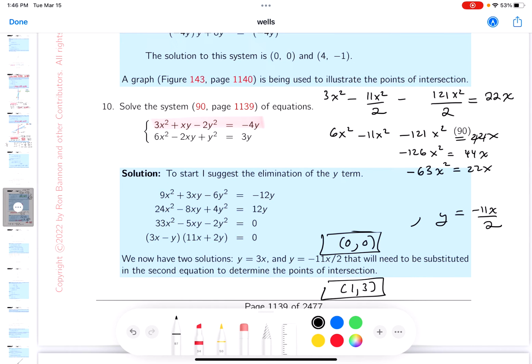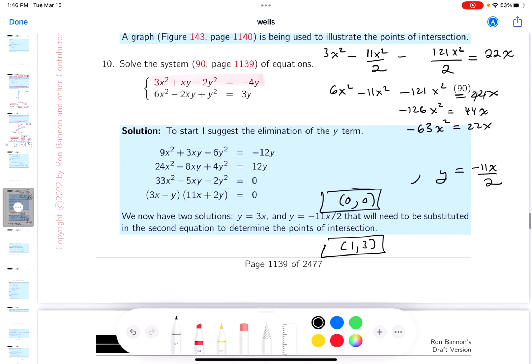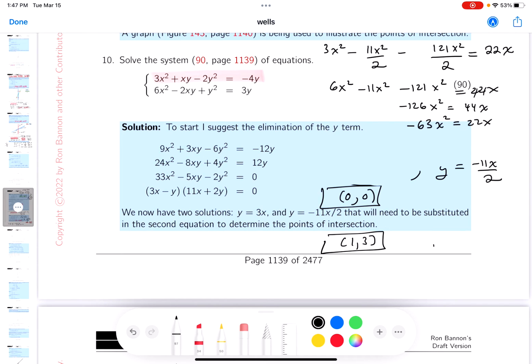All right, I'm going to keep working on that. It's not easy, is it? So it's going to be 0 equals 22x plus 63x squared. I'm going to factor an x out, and you get x times 22 plus 63x. Well, x equals 0, and you get the same point as you got over here.